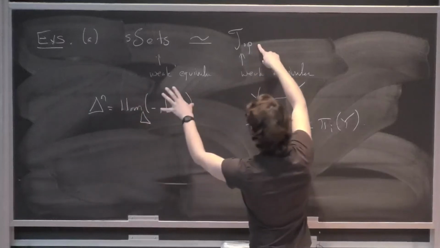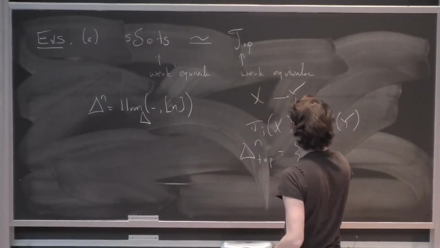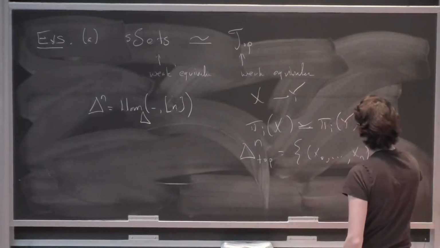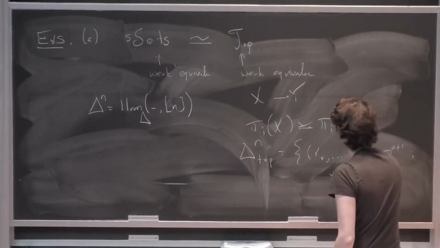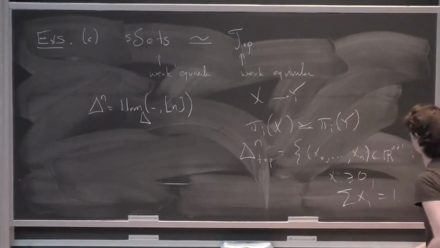And on this side, I also have the topological n-simplex, which, in coordinates, is points in R^(n+1) such that the points are non-negative and the sum of the points is equal to 1.